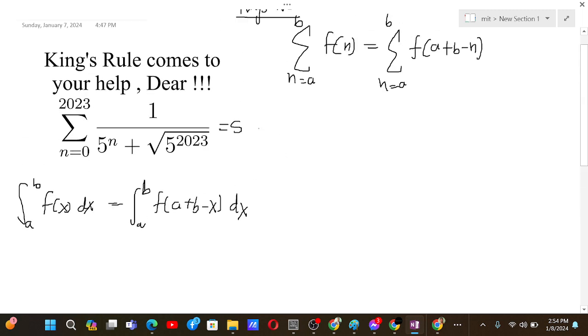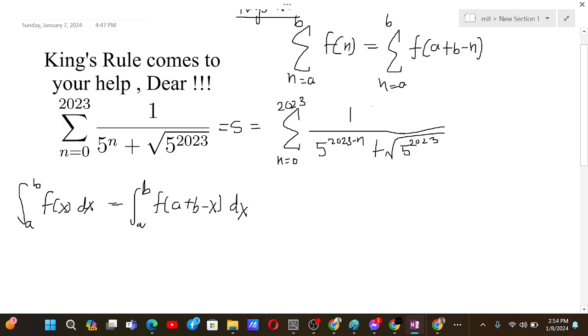This sum will also be equal to the sum from n equals 0 to 2023 of 1 by 5 to the power, in place of n, we will have a plus b minus n, that is 0 plus 2023 minus n, that is 2023 minus n, plus square root of 5 to the power 2023.